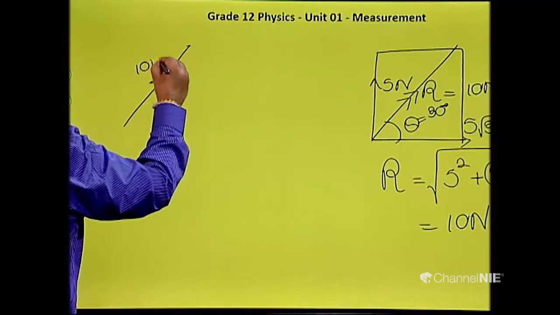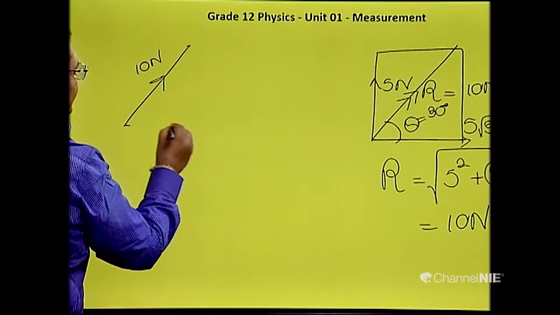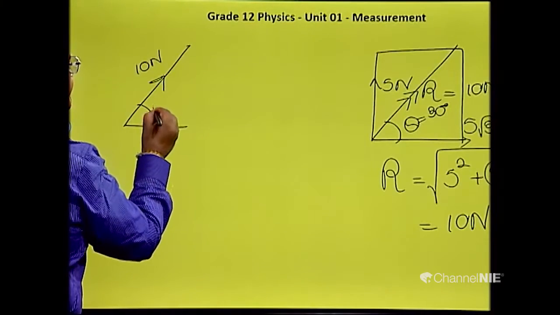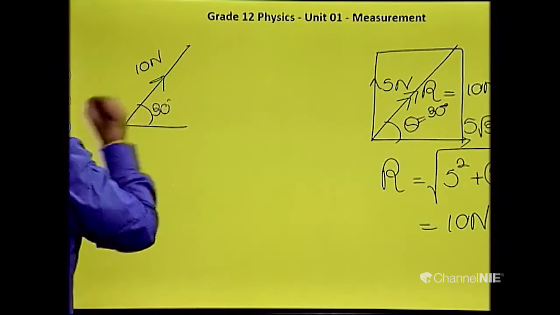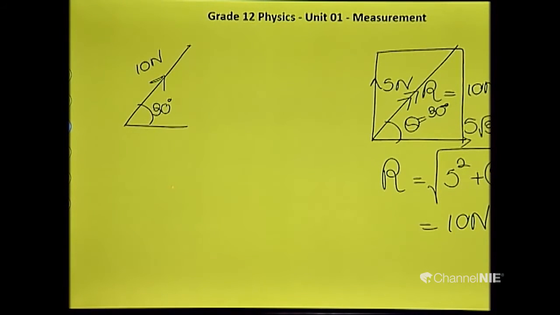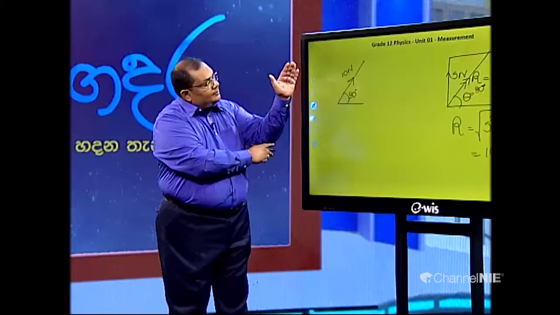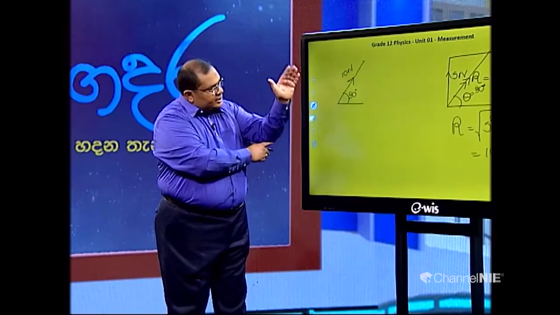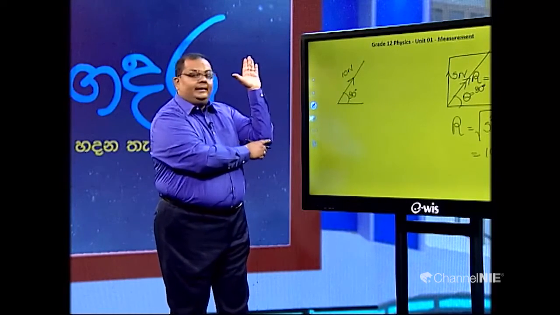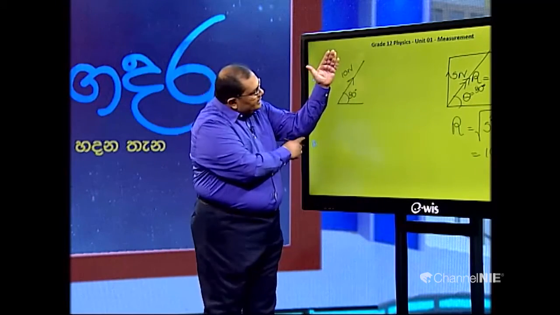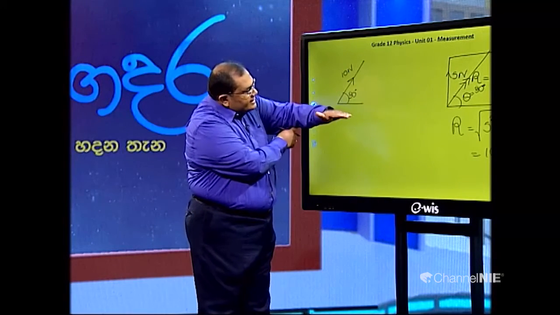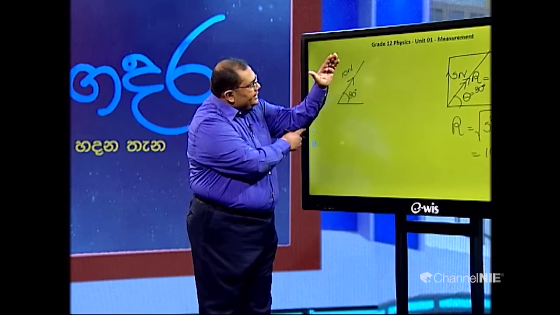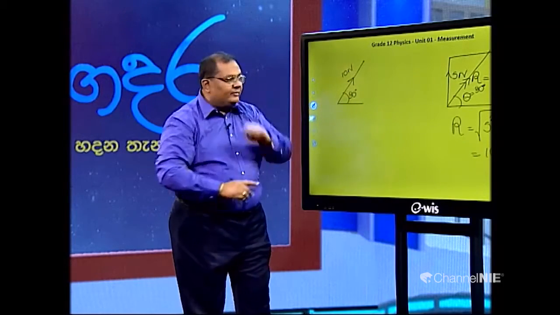10 newtons, and you are given the angle here, 30 degrees. Now you should know how to find components of them. Horizontal component is cos, in the direction of the angle cos, another one sine. Then I can take this into cos 30, horizontal one, this into sin 30, vertical one.